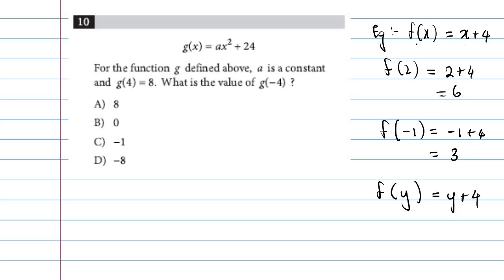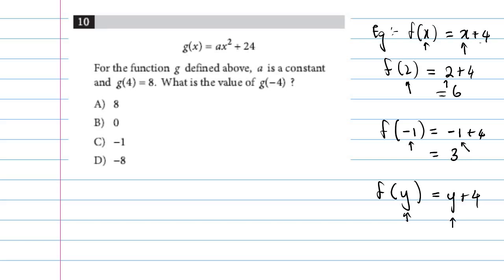Meaning if you have 2 over here, you have 2 over here. If you have negative 1 over here, you have negative 1 over here. If you have y over here, you have y over here. That's the whole idea of the notation f of x equals x plus 4.